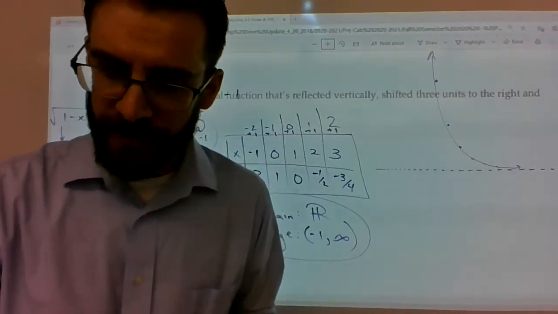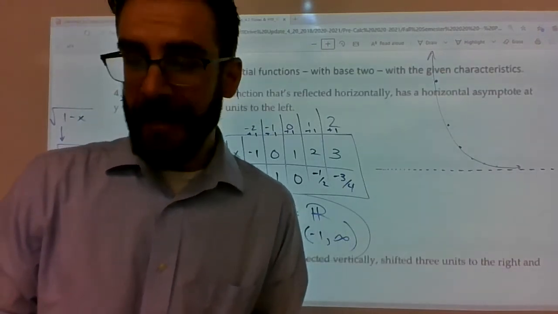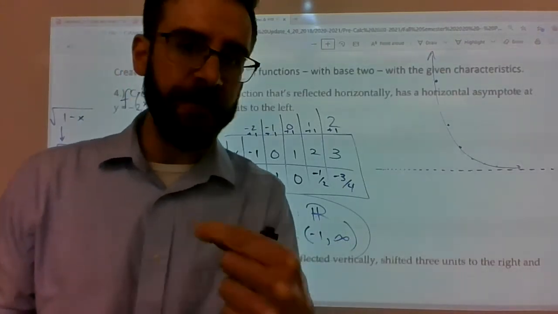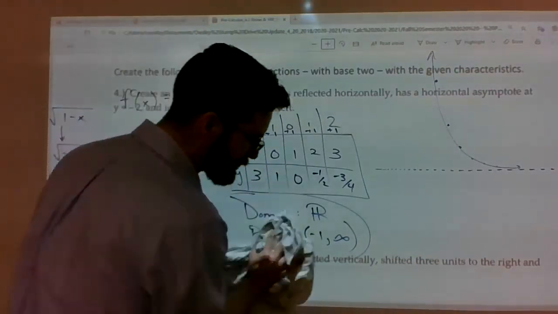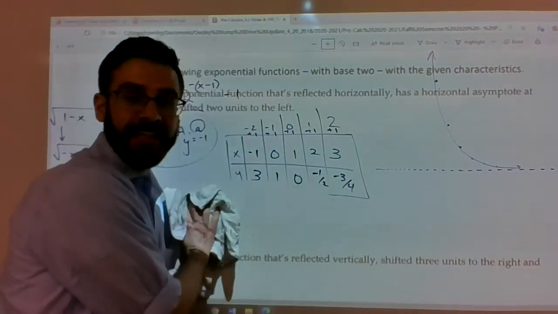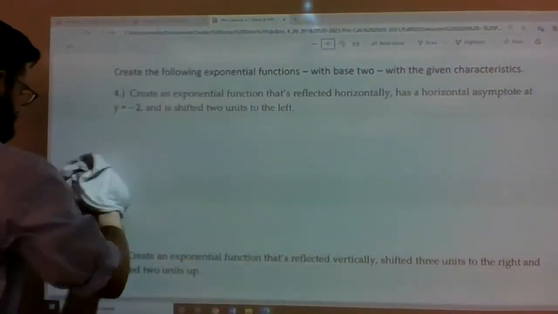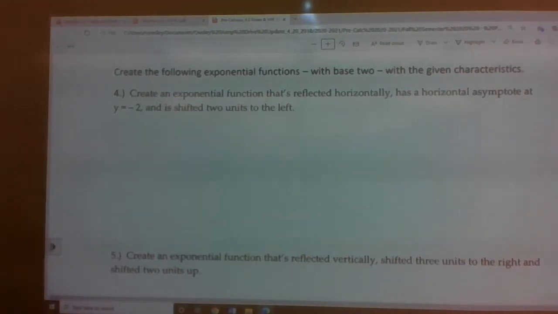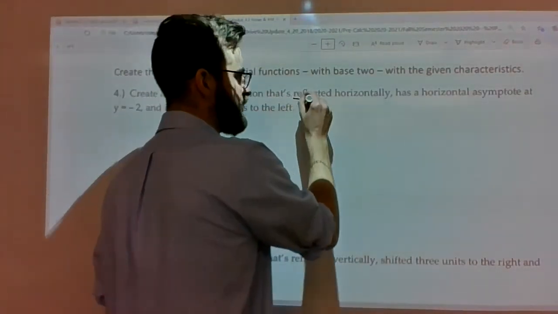Now, the last thing I wanted to talk about is kind of what you saw in the graphing sense chapter. Can you build a function if I give you certain characteristics for that function? The answer is, after you watch this video, yes. So create an exponential function that's reflected horizontally.